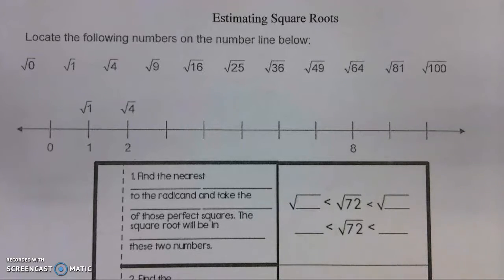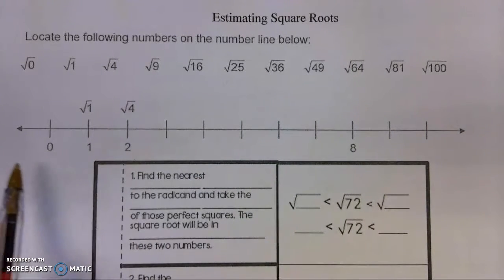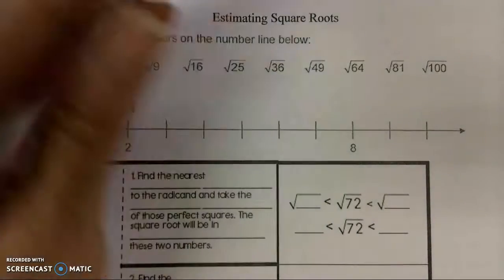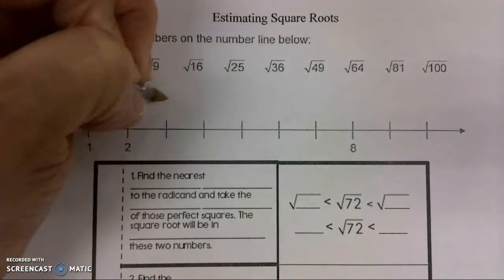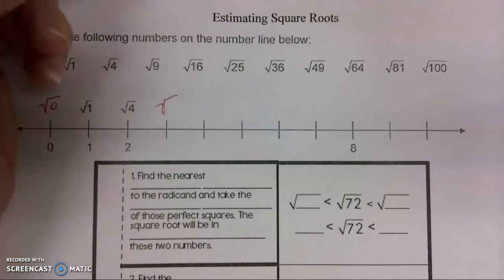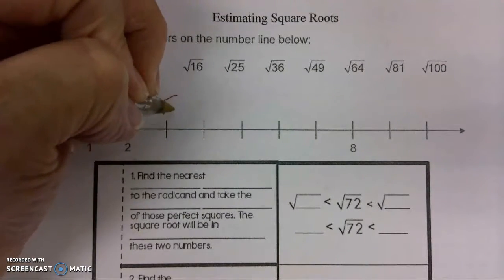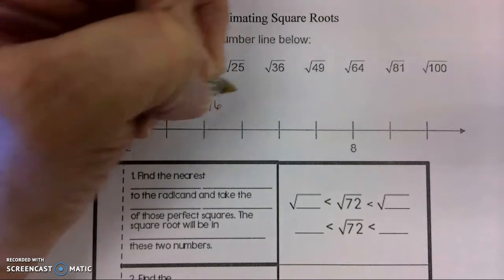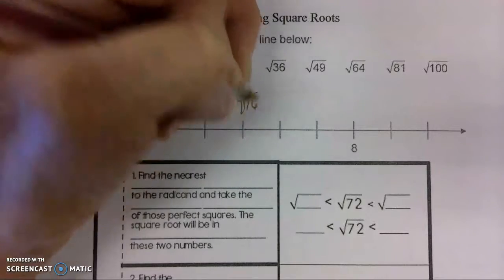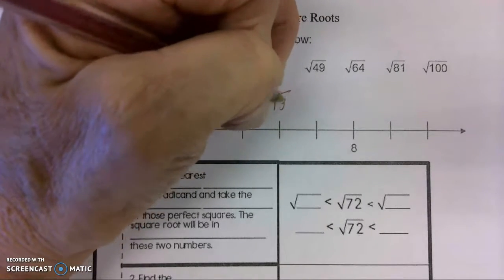So before we actually get into the process, I want you to fill in the number line and we're going to put the squares up there as well as the square root. So this would be 0, 9, and you're just going to fill this in right along.